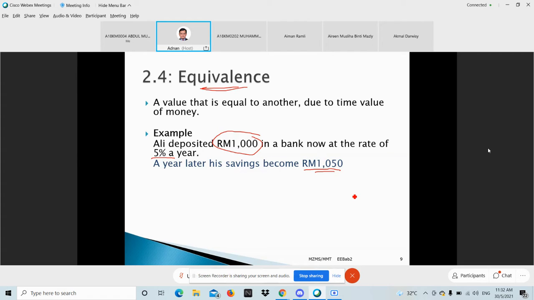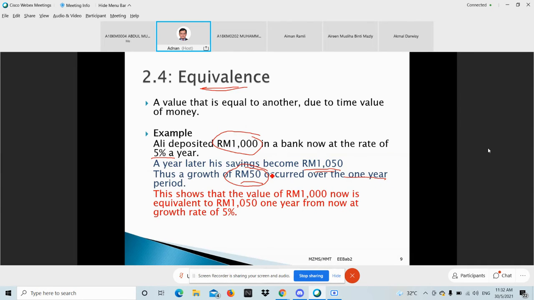So this is how it works. In this case, the growth is 50 ringgit Malaysia over 1 year, so 5% growth. This is what we call equivalence.